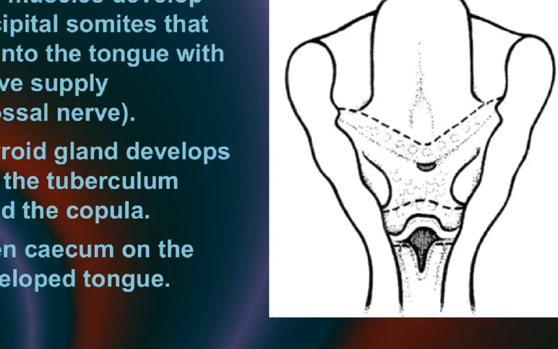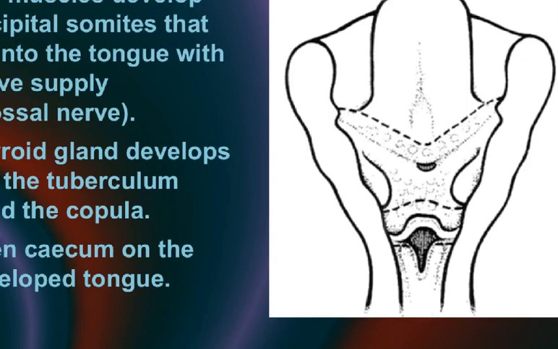it's a depression area. It's not a foramen, but it used to be a foramen during embryonic development that leads to a duct, and this duct is called thyroglossal duct. Thyroglossal means thyroid and tongue, connection between the thyroid gland and the tongue.